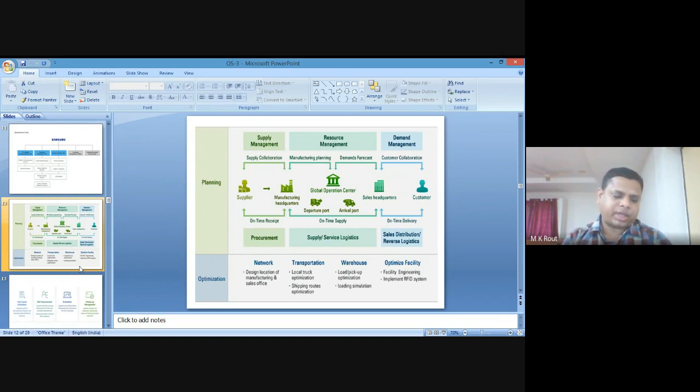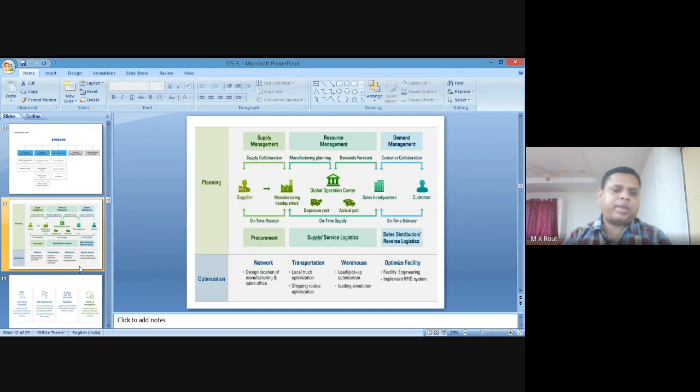So if a particular customer finds any kind of error in a device, they can use reverse logistics in the same manner. That means from the customer to the sales headquarters, then to the global operation center, then to the manufacturing headquarters. But if you think about how Samsung has implemented these things, starting from supply, resources, and demand management, the point is that they directly optimize the different parts of their planning.